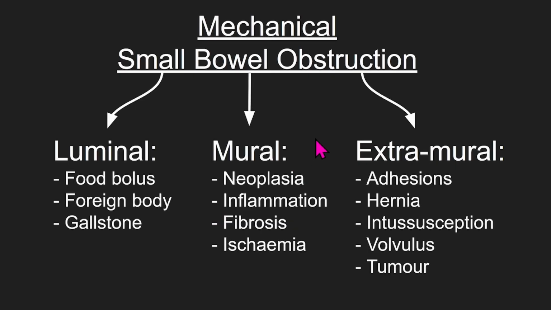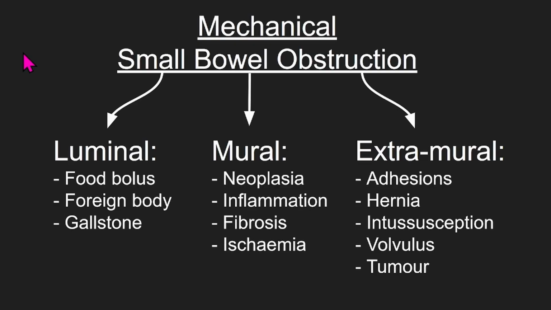So that is the list of the causes of mechanical small bowel obstruction divided into these pathophysiological categories, or pathoanatomical even. So it's easiest to remember it this way, because instead of having to remember a list of 12 causes, you remember 3 lists of 3 to 5 causes.